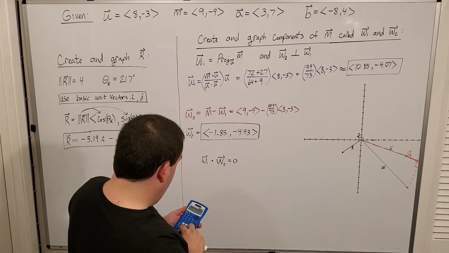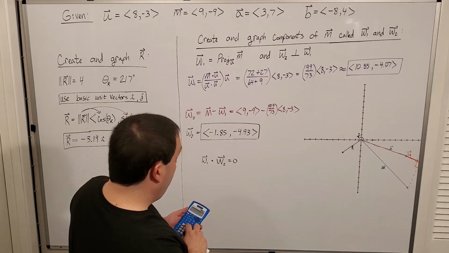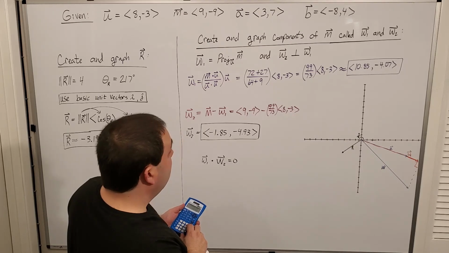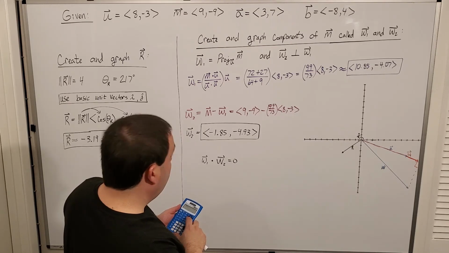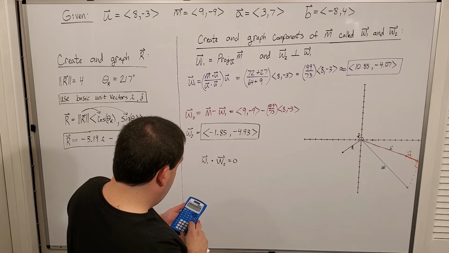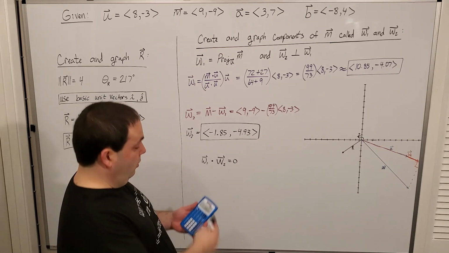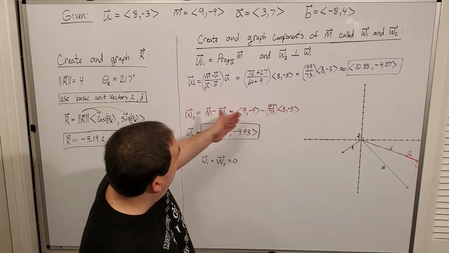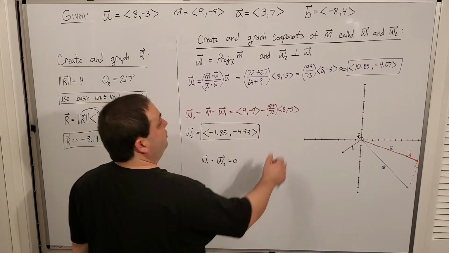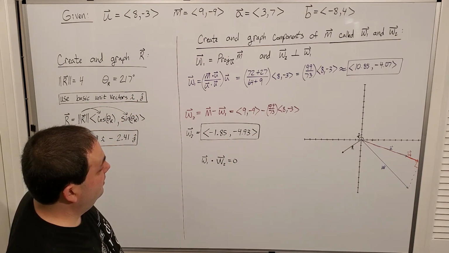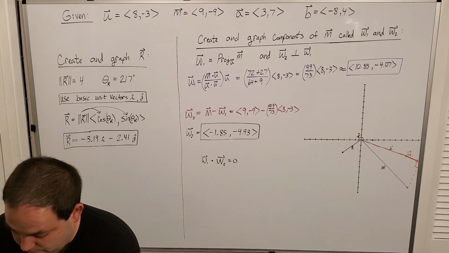Let's see how close we get. 1.85 times 10.85, 20.0725 minus, or no, yeah, 4.07 times 4.93. It basically rounds to 0. It's many zeros in and rounds to 0. And that's because we chopped it here and there, right? If we were to actually do this dotted with this, you would see that it would come out to be 0, like exactly.